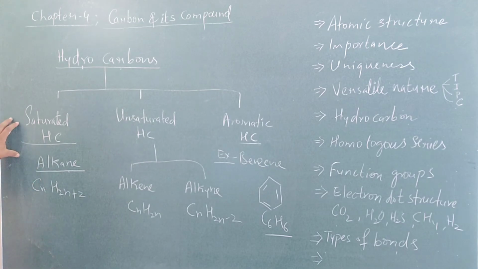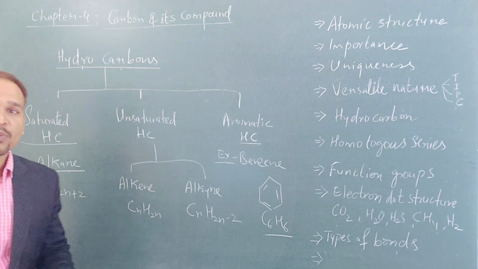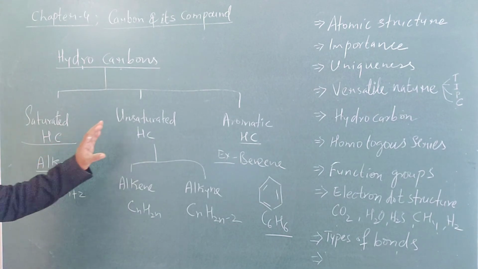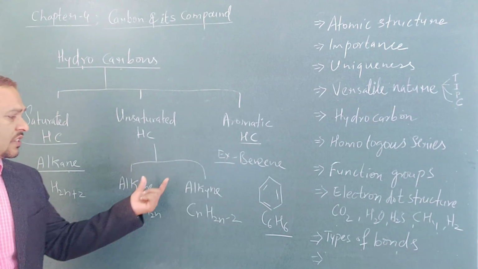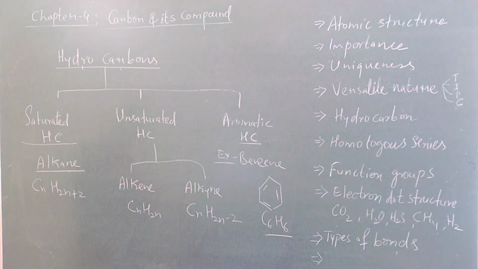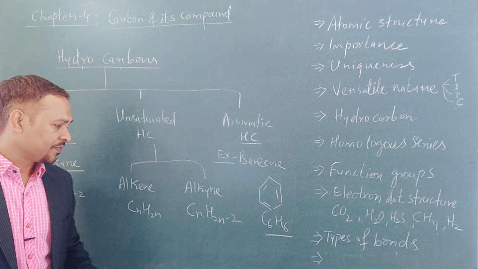Now what is the difference between saturated and unsaturated hydrocarbon? In saturated hydrocarbon there will be no double and triple bond. Saturated hydrocarbon में कोई भी double और triple bond नहीं होगा. In case of unsaturated hydrocarbon, which is further divided into 2 types, the first type is alkene, another type is alkyne, right?